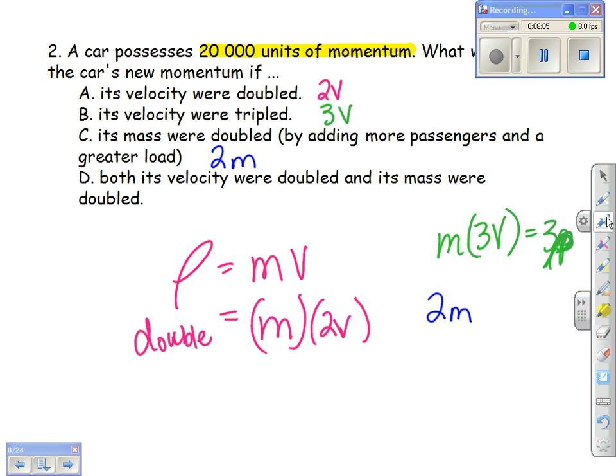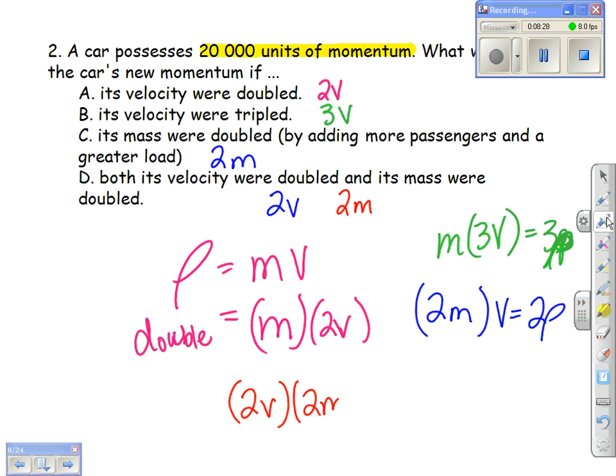So 2m times velocity would give us 2 times the momentum. So it's going to double my momentum. And if both the velocity were doubled, so 2v, and the mass were doubled, so 2m, what's that going to do to the momentum? Well, if we have 2v times 2m, 2 times 2 is 4, so that's going to be 4 times as much.